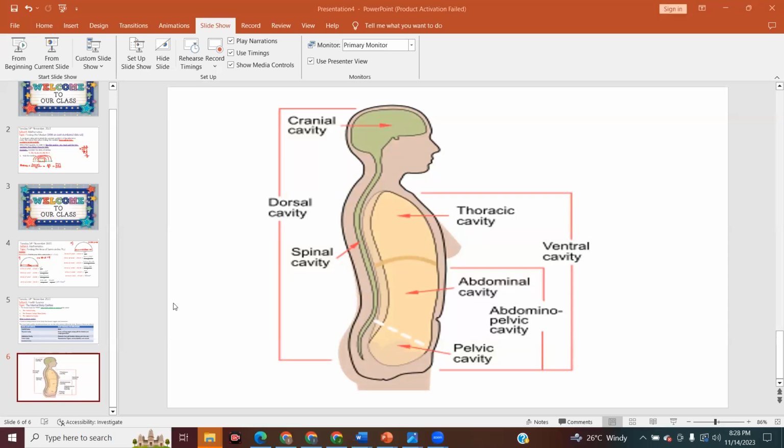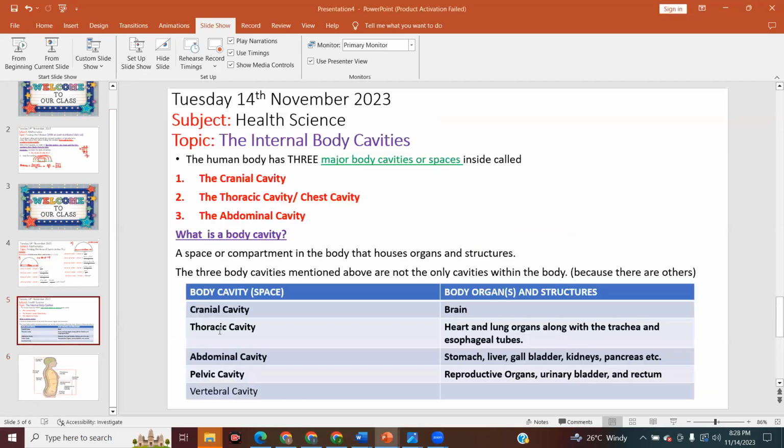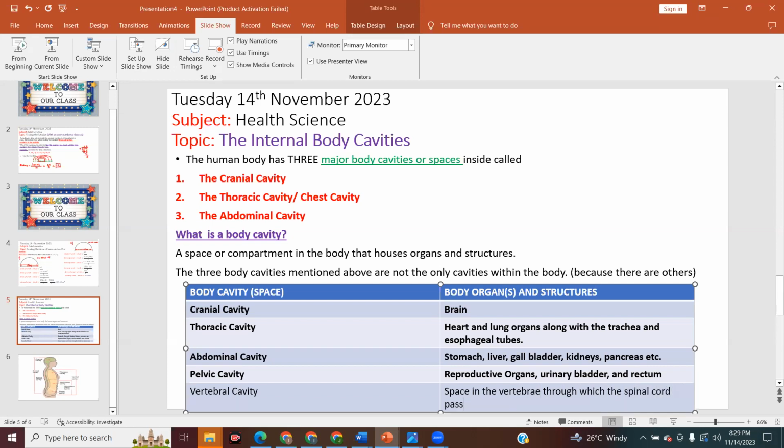This is space in the vertebrae through which the spinal cord passes. All right, and that's it.